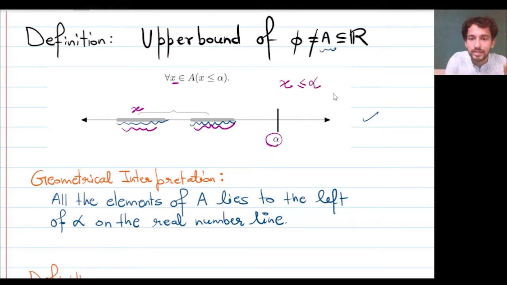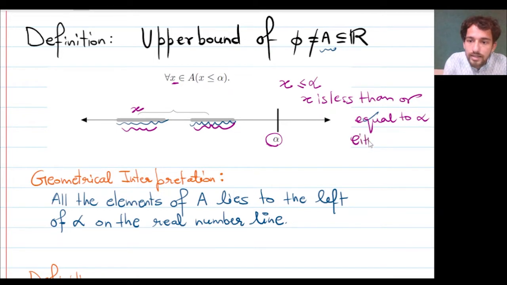There are two conditions. What it means is x is less than or equal to alpha. So it has to satisfy either one of them, and if it satisfies any one of the properties, then in that case I say that this real number alpha is an upper bound for my given non-empty set A. Fine.